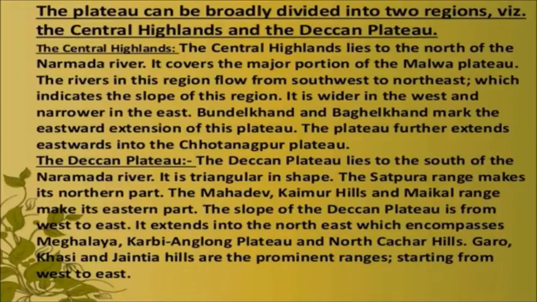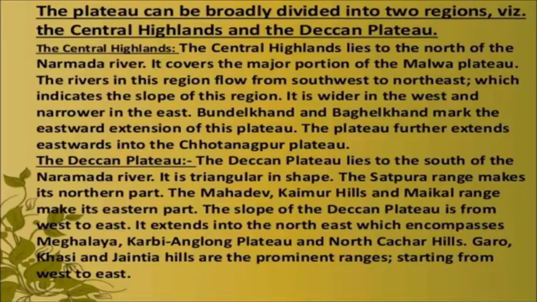Deccan Plateau lies to the south of the Narmada River. It is triangular in shape. The Satpura ranges make its northern part. The Mahadev, Kaimur and Maikal ranges make its eastern part, and the slope of the Deccan Plateau is from west to east.